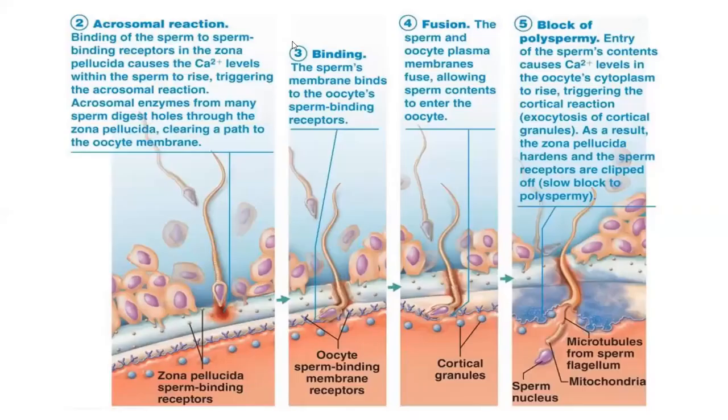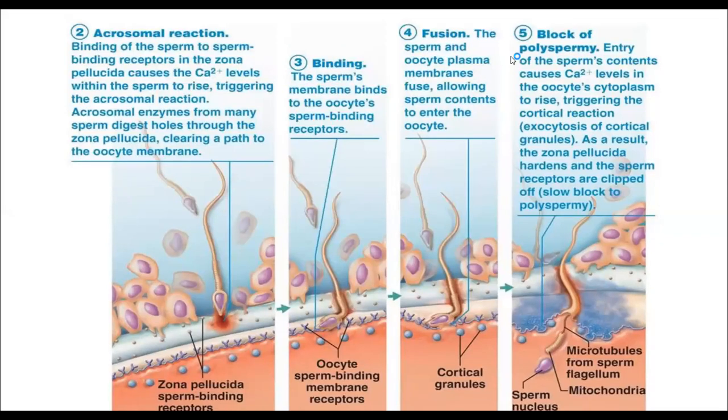Then step two. What is happening? Acrosomal reaction, that is binding of the sperm to the sperm binding receptors in the zona pellucida. This causes calcium ions in the sperm to rise.